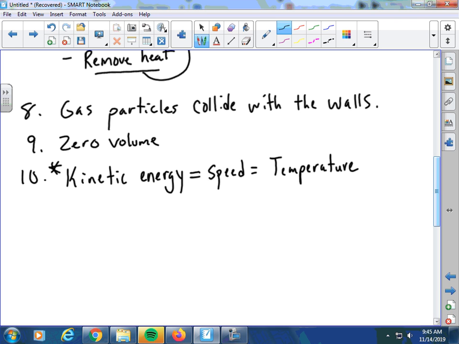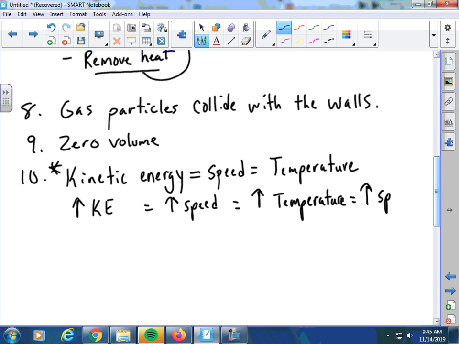So if we have a higher kinetic energy, then that means that the speed is higher, so they're moving faster. And if we were to measure that with a thermometer, we would see that we have an increased temperature. And just to tie in the fourth thing that we already talked about, this also means increased space between particles.